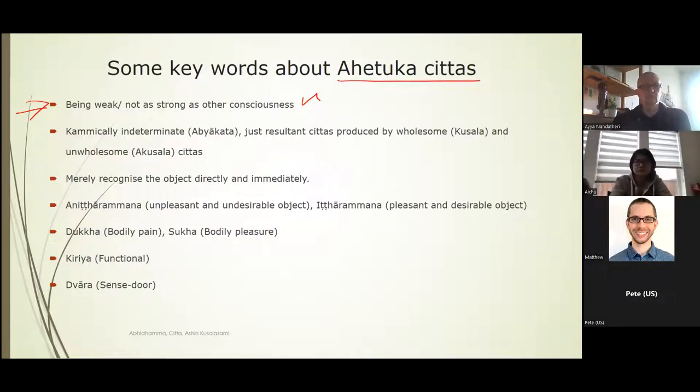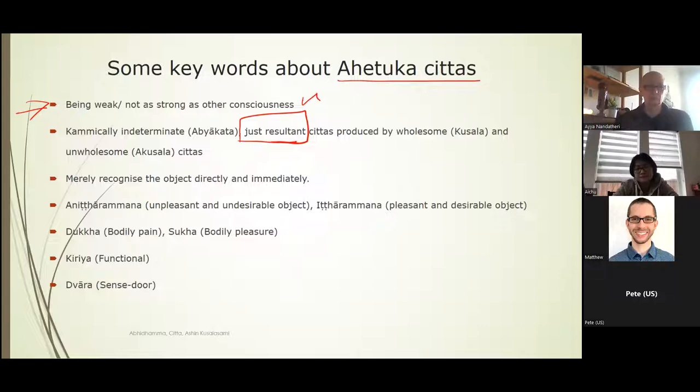These 18 Chetas are just resultant Chetas, produced by wholesome and unwholesome, just resultants. Karmically, we cannot say it is a good Cheta or a bad Cheta. We cannot say wholesome or unwholesome. So just result. And the function of these 18 Chetas is only merely to recognize the object directly and immediately.